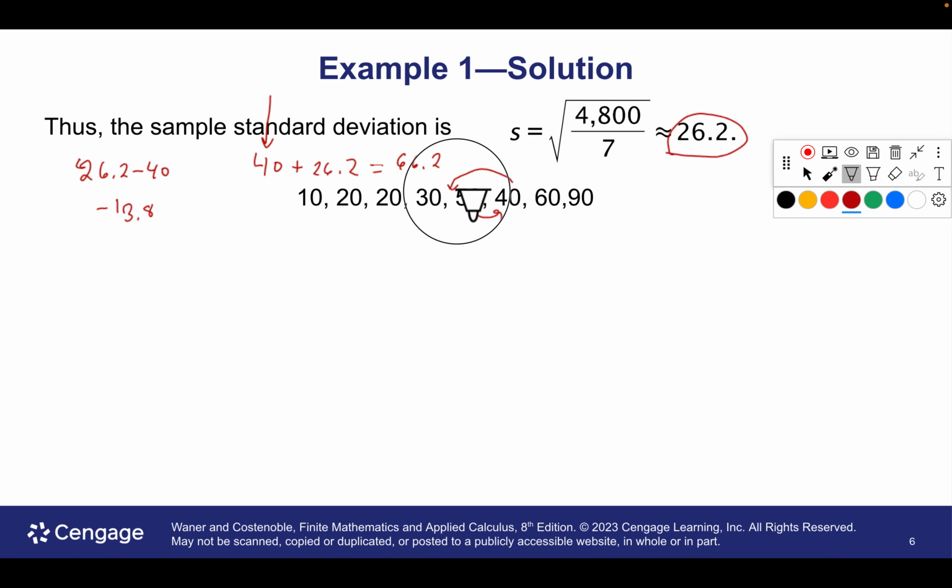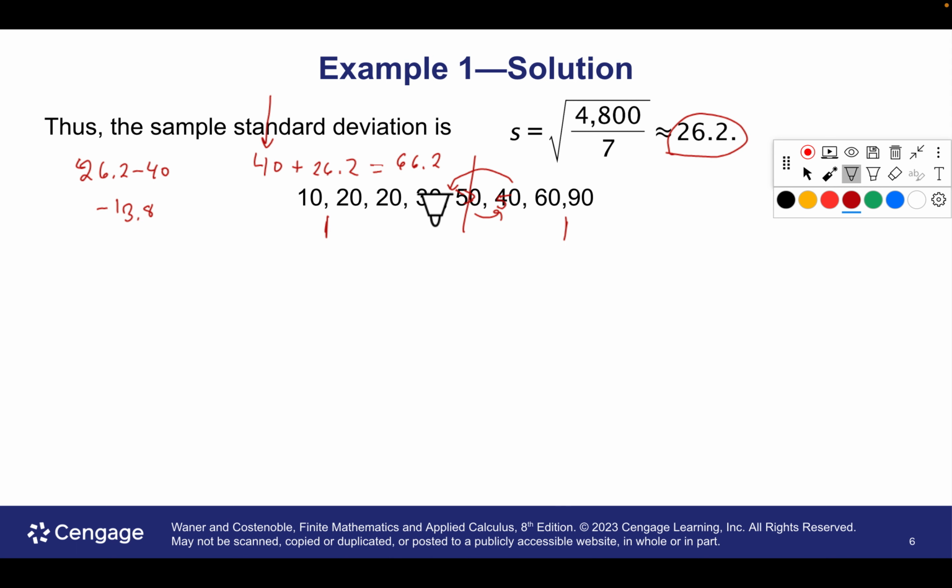Okay, 40 is the mean. If we go one standard deviation above, we'd be at 66.2, about here. And if we went one standard deviation below, we'd be at 13.8, about here.